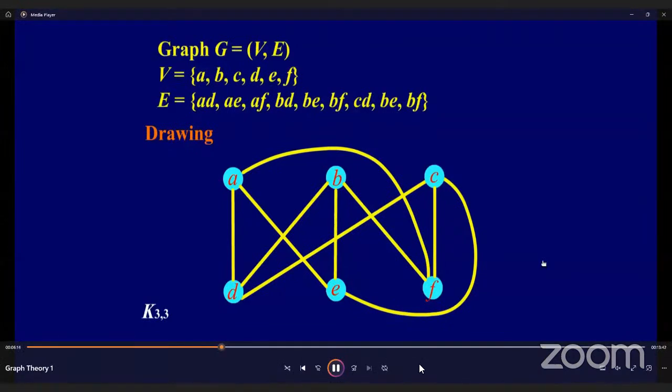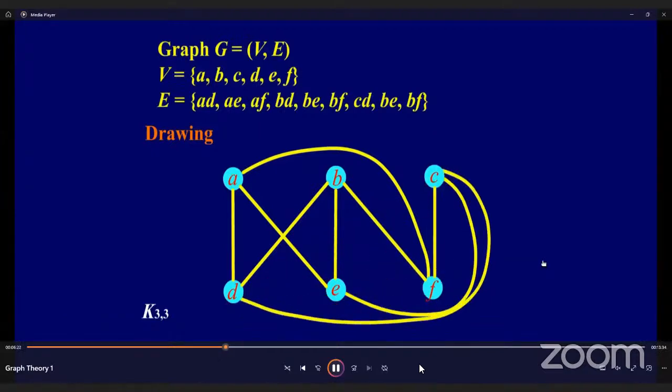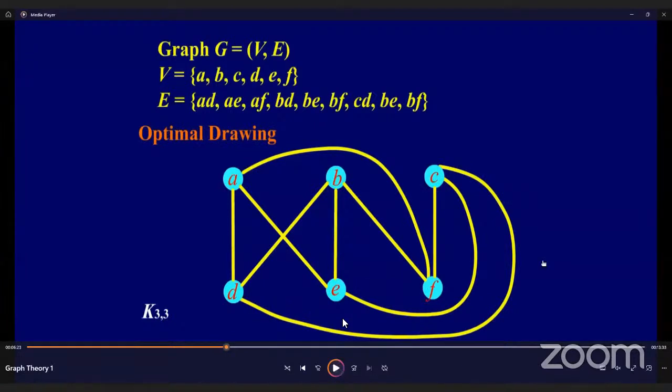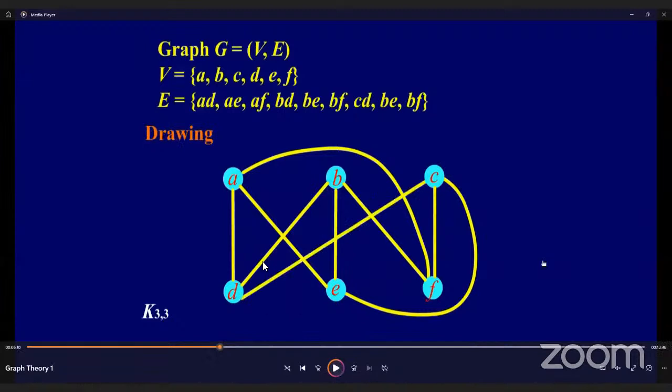Now the question is, is this optimal? Optimal means that the number of crossings is minimal. The answer is no, because we can move that edge, HCD, and it goes like this.